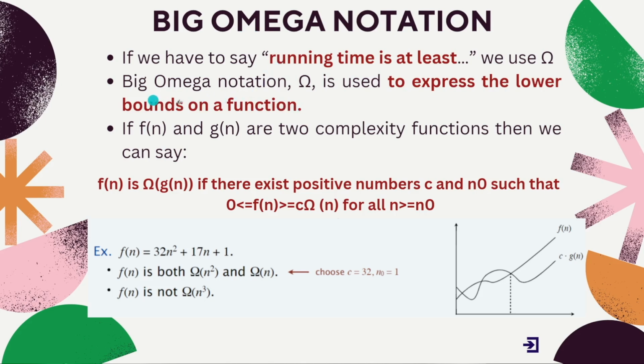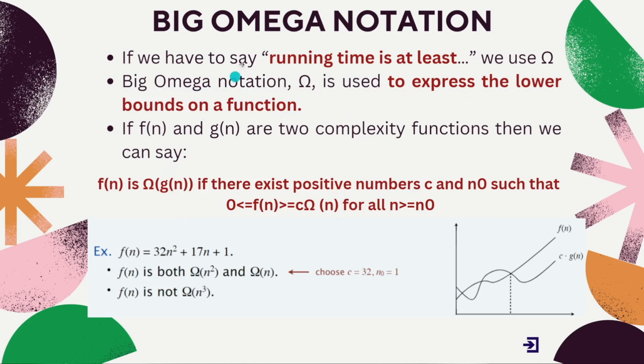So, big omega notation is used to express the best case of an algorithm. Whatever be the input size, the minimal time it takes could be the best case of a particular algorithm, and big omega notation expresses such a lower bound of a function.